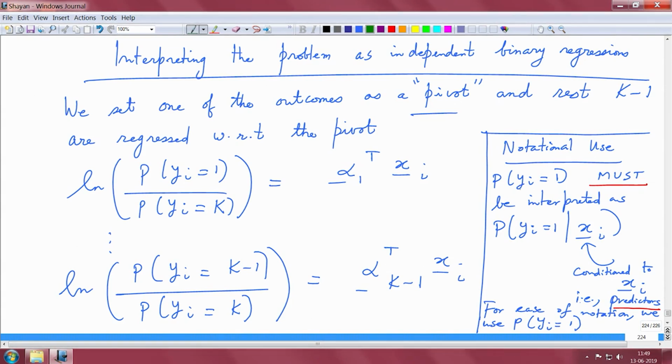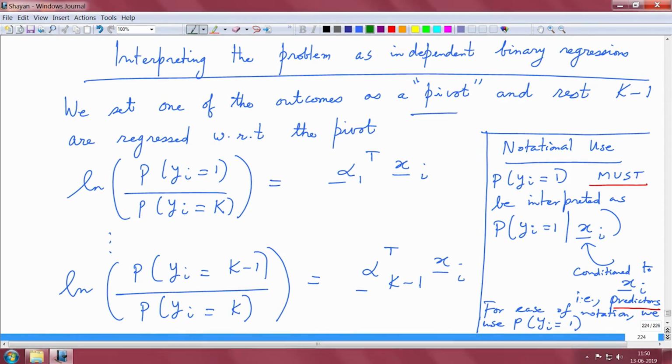For the ith observation, the variable yi can take 1, 2, 3 and so on till capital K, and this must be interpreted as the probability that this outcome is 1 conditioned on xi, which is basically this vector comprising the predictors 1 through p.